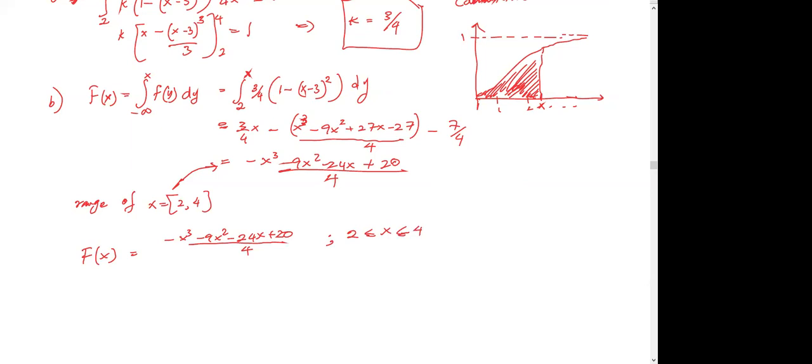Is that correct? What happens for less than 2 and greater than 4?